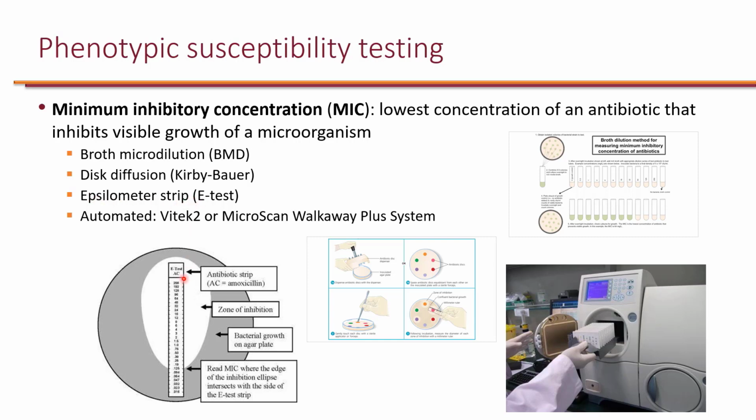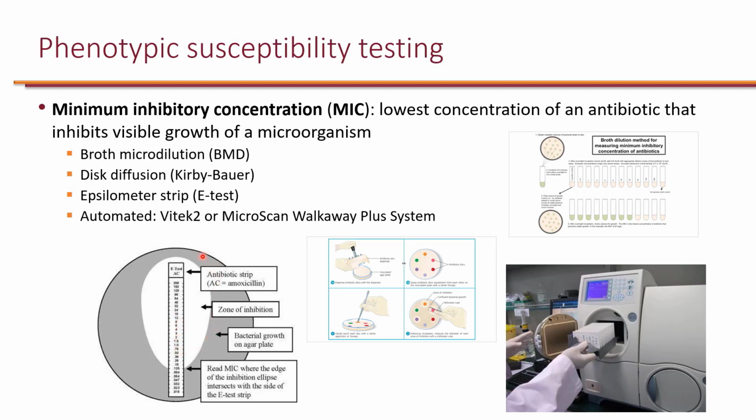The way the e-test works is similar to disk diffusion. The difference is that instead of placing disks and then measuring the zone of inhibition, you put a test strip. There is a strip that has a given antibiotic at different concentrations. You can see that at the top, it has a very high concentration of antibiotic, and the further you go down the strip, the concentration drops.